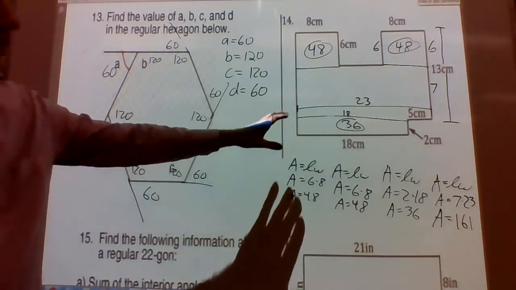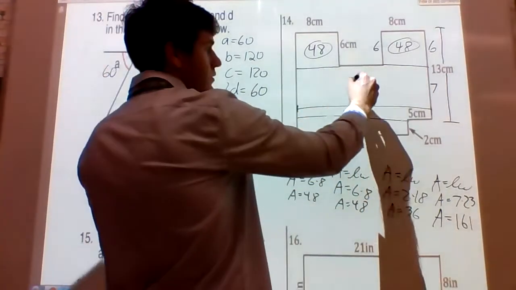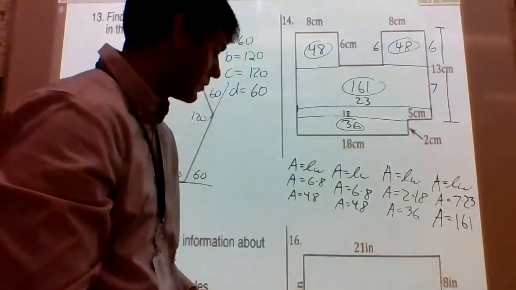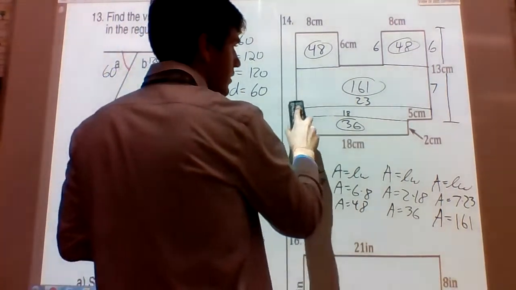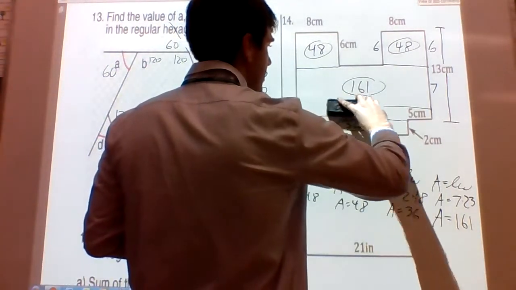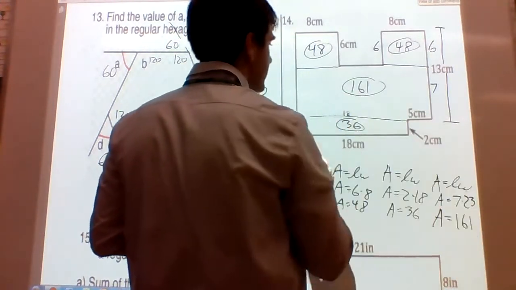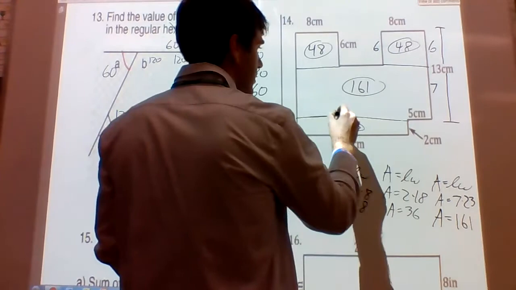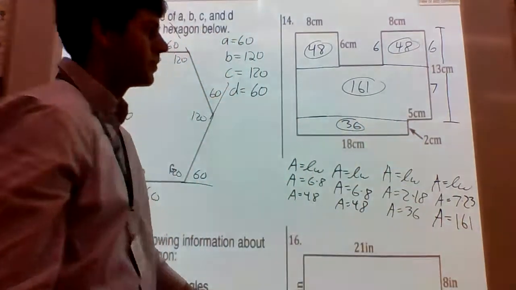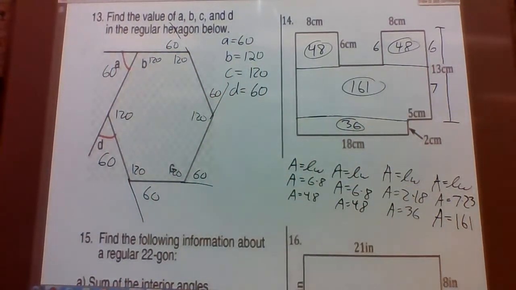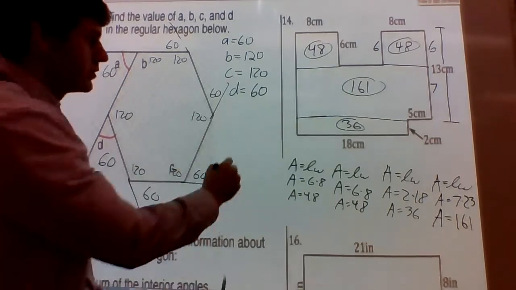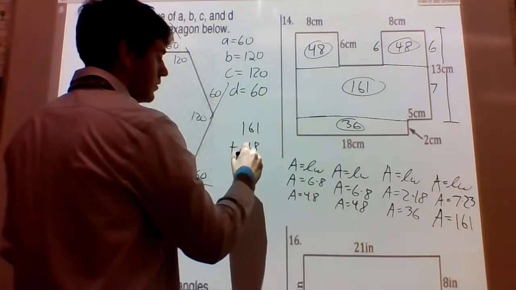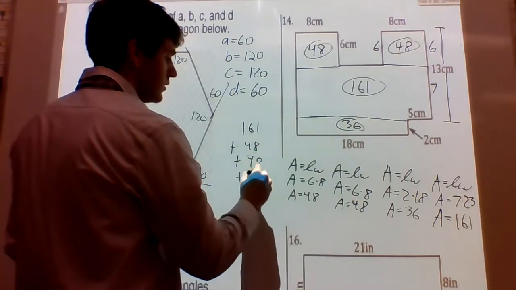Okay. To find the area of the whole thing, this big one is 161. Let me erase this. So we have 161 plus 48 plus 48 plus 36.